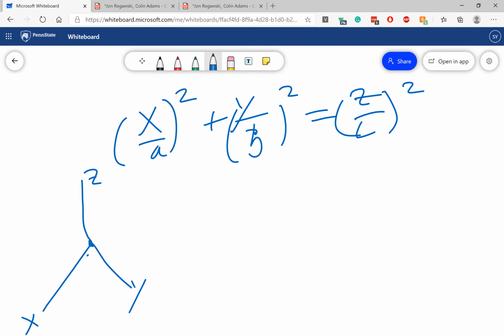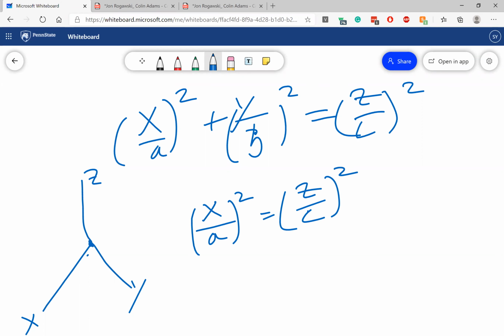If we set, let's say, y equal to 0 first, then we get x over a squared is equal to z over c squared. Take the square root, and we get cx is equal to az. And this is a line in the xz plane, and it's a line that looks something like this.